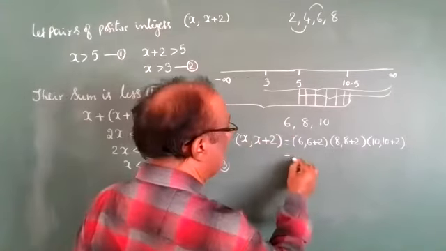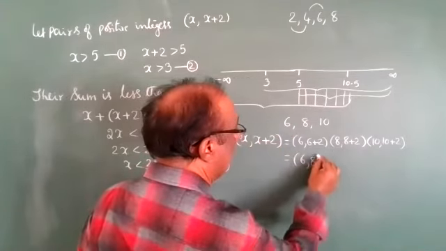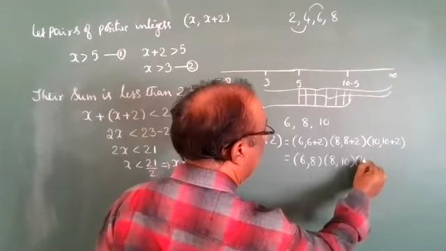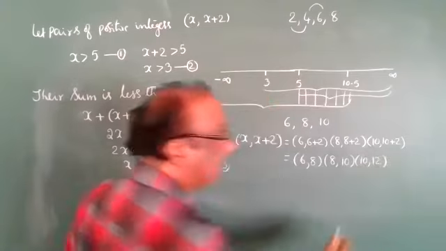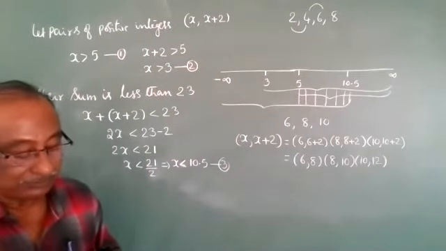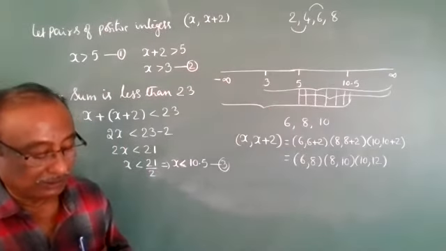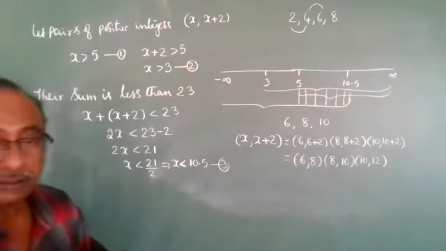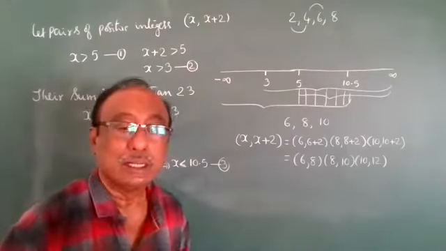Now write down the pairs: 6 comma 8, 8 comma 10, and 10 comma 12. Check the answer, everyone. Is it correct? Right, the answer is correct.